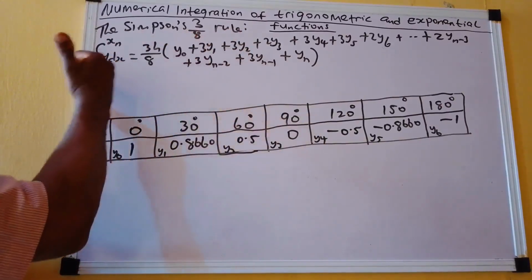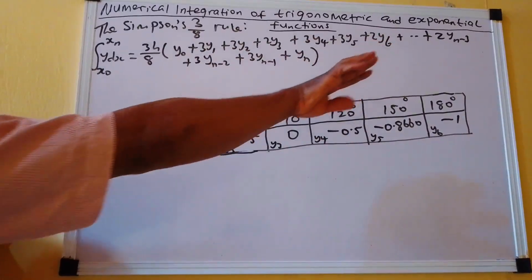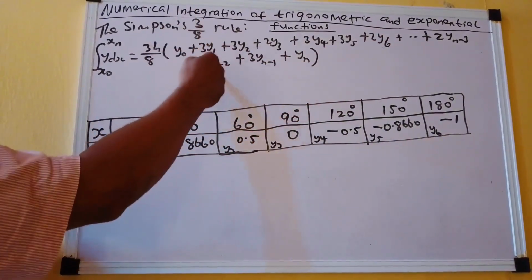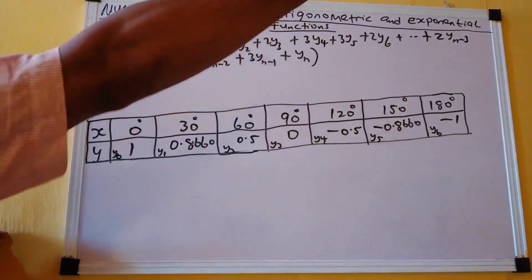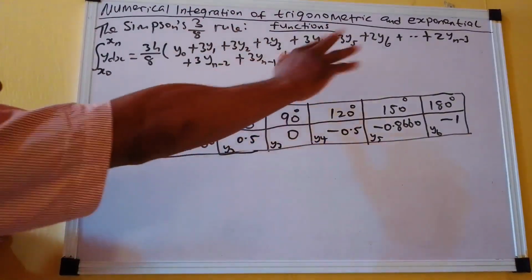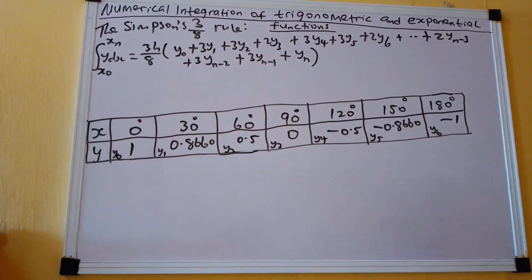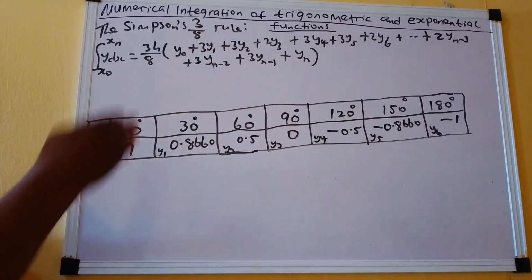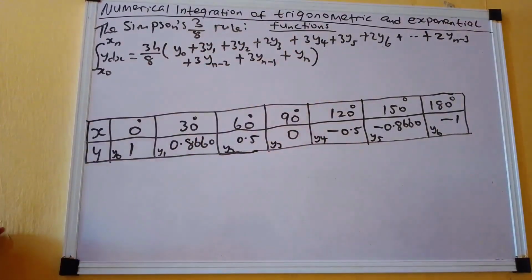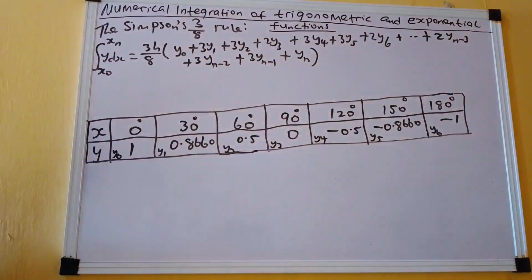The y0 is left outside, the yn is also left outside. The coefficients are 3, 3, 2, 3, 3, 2, and before the last y, it is 3, 3, and then the last value of y. So please permit me to solve this problem using this.